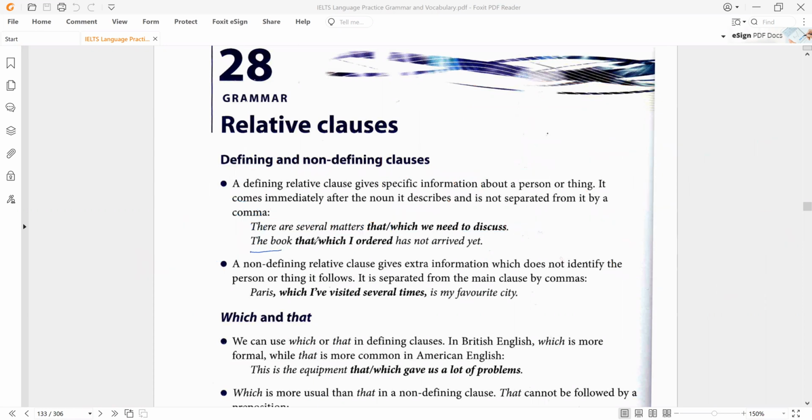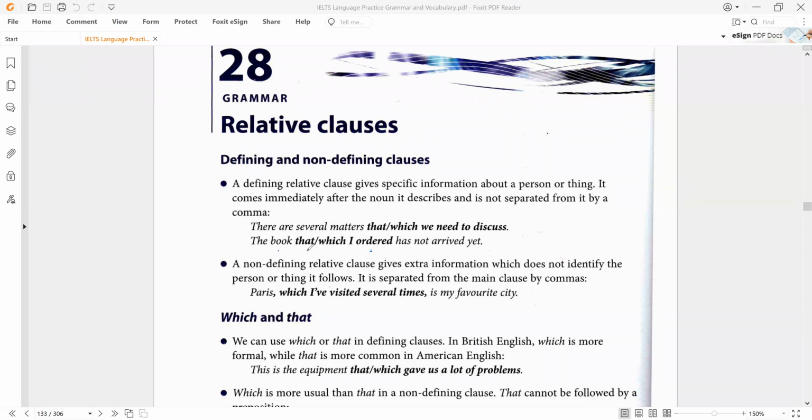The book I ordered, the book which I ordered hasn't arrived yet. Where is the main structure here? Which sentence is the main sentence? So let us give it a red color. Here we have two sentences.